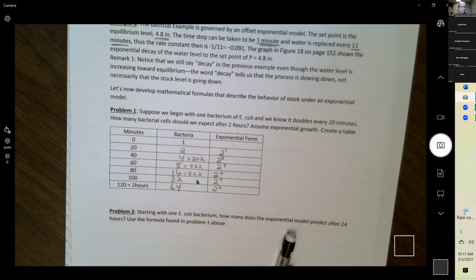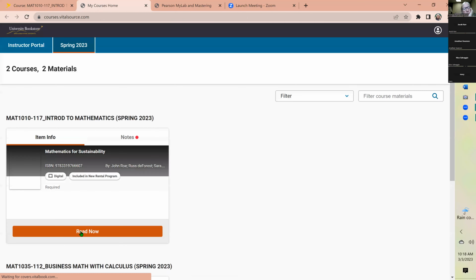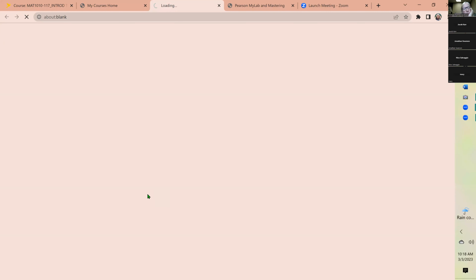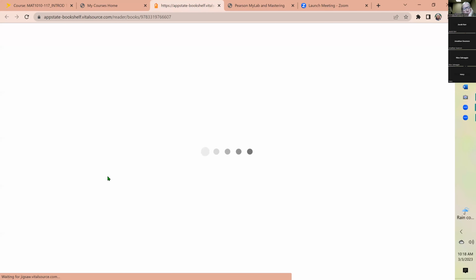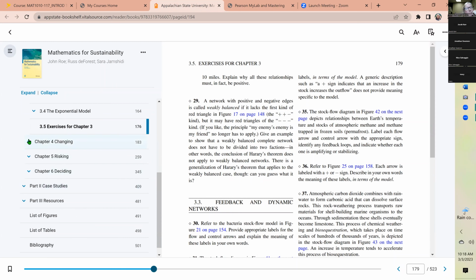I don't know if they have this in the book. Let me see. It would be in 3.4, sorry.